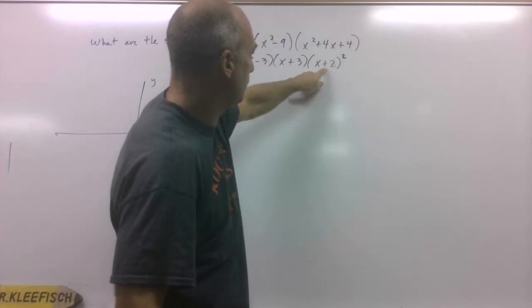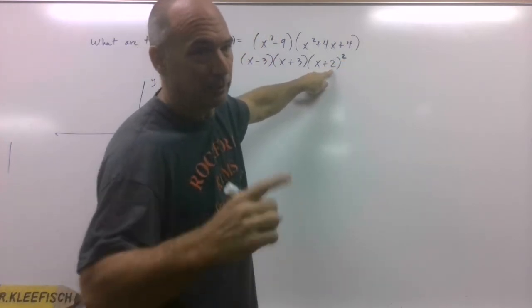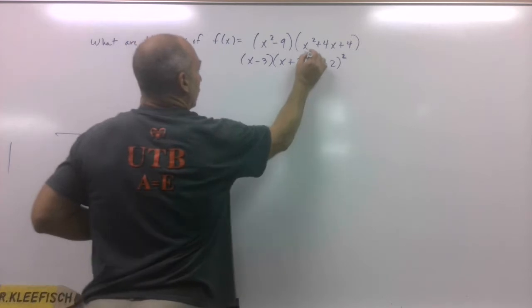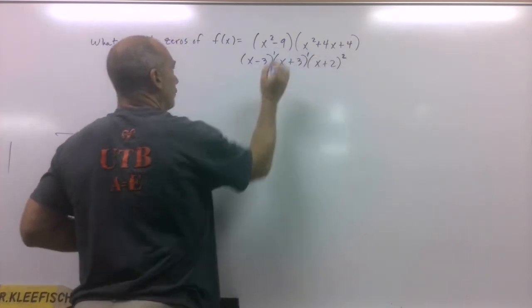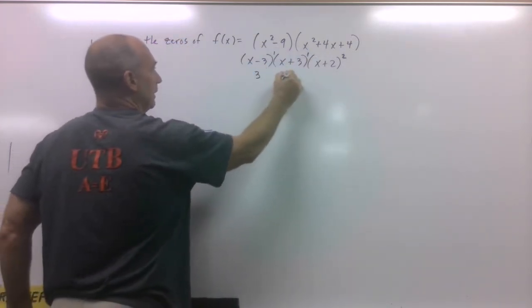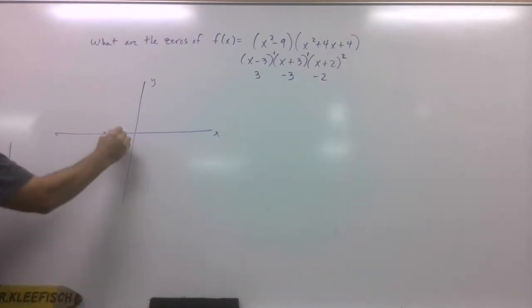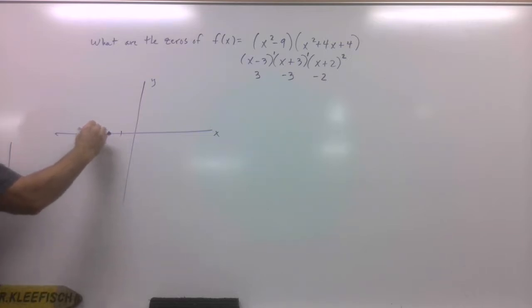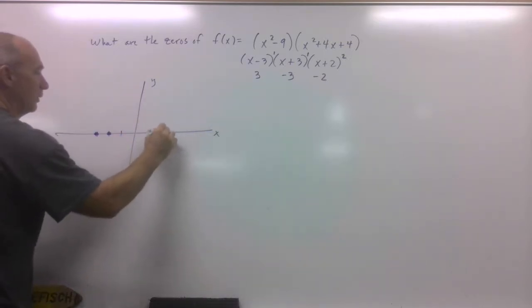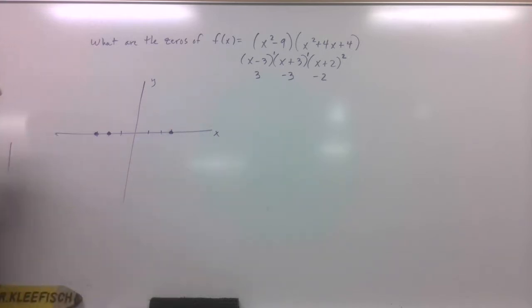That's telling us it's going to bounce off that 0. See how we're getting better at this? And it's going to go through that 0, and it's going to go through that 0. So what are my zeros? 3, -3, -2.